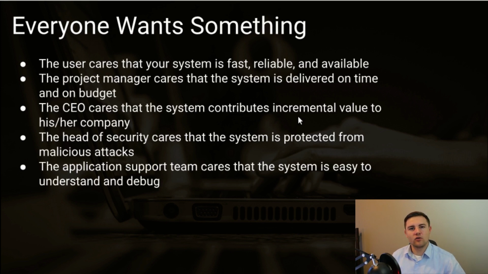You want it to be fast and reliable. The project manager is going to make sure that the project is delivered on budget and on time. They're less sensitive to how the project is actually turning out, although they should be, but more concerned about the timelines and the budget.